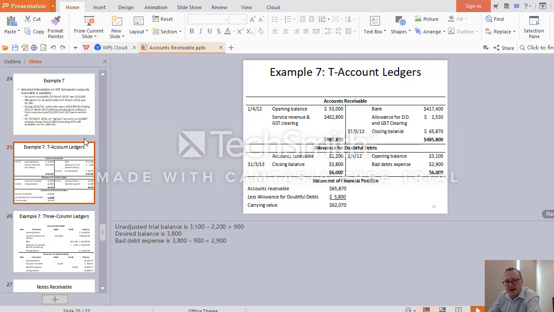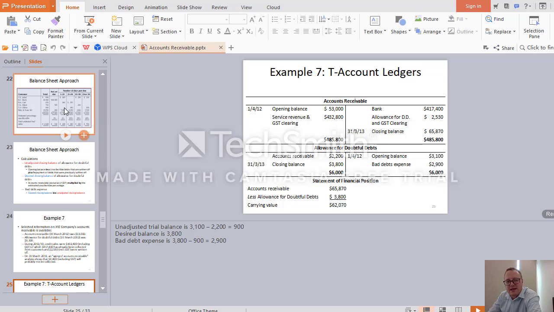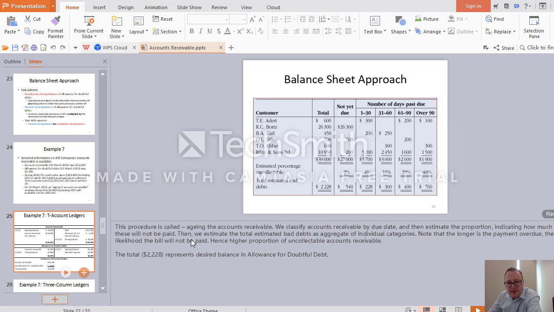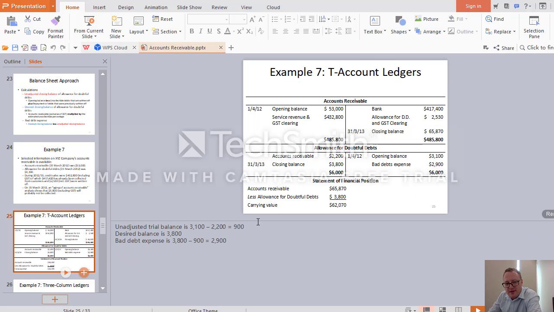You will compare it with the balance that we want, this balance that we got from the aging of receivables. So this balance, 2,228, is the balance in allowance for doubtful debts that we want to have. And this balance, opening minus write-offs plus recovery of write-offs, is the unadjusted one.